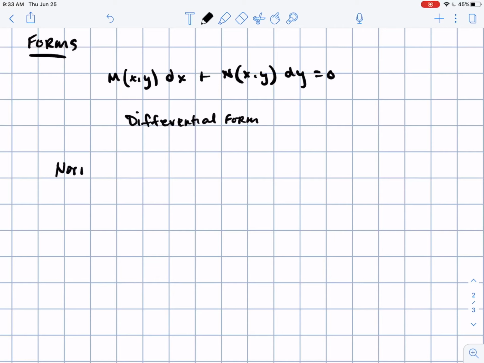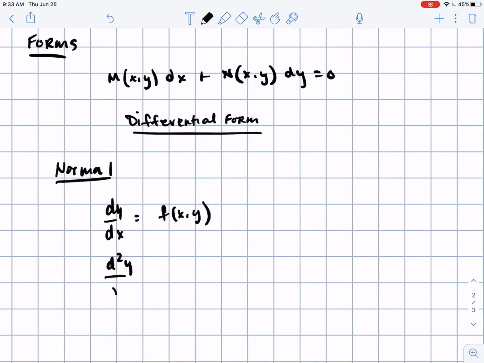Normal forms though. Differential form, normal would be what we were looking at, dy over dx equals a function of x, y. Okay, you have your second derivative will equal some function of x, y, and the first derivative.